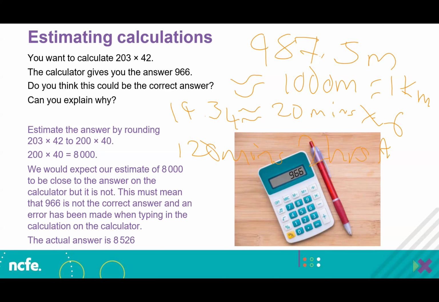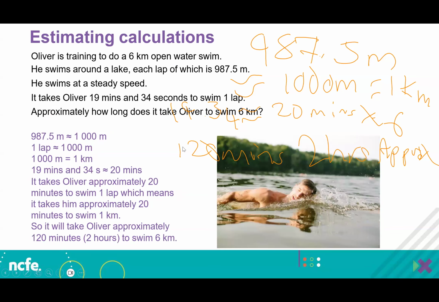And if we go on the next slide, it's the exact way I've done it. 1,000 meters, which means one lap, equals 1 kilometer. 19 minutes 34 seconds equals 20 minutes. Multiply it by 6, which gives us 120 minutes or 2 hours to swim 6 kilometers.